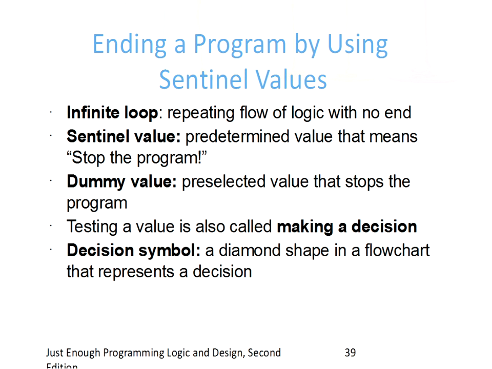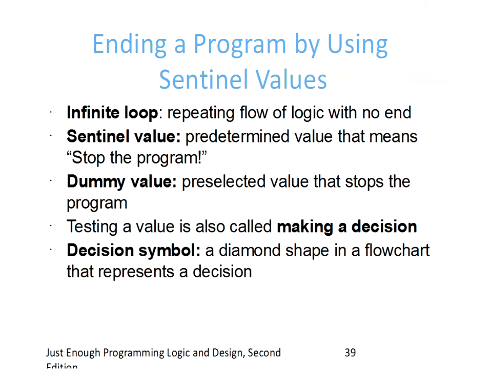It says, do you want to play another one? And you say yes. And then you lose that one. It says, do you want to play another one? You say yes. And then you lose that one, and it says, do you want to play another one? You say no. Okay? So that's the sentinel, what you're looking for to say, how many times I want to repeat the same thing over and over again. What's going to tell me to get out of it? What's going to be that sentinel?